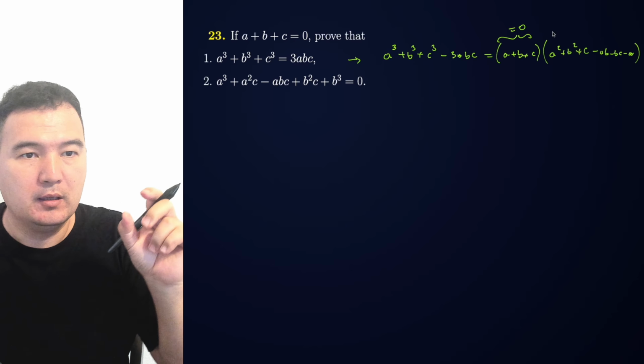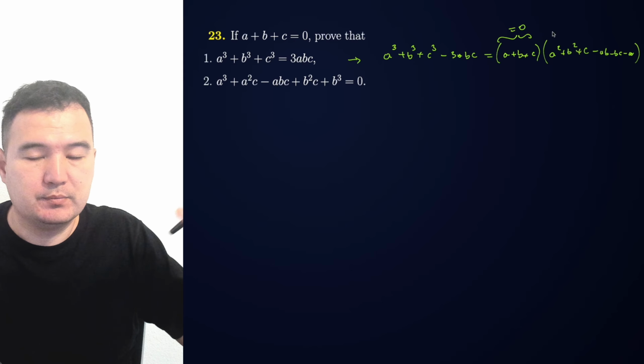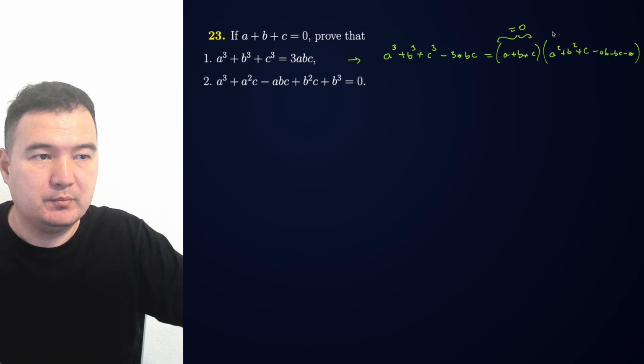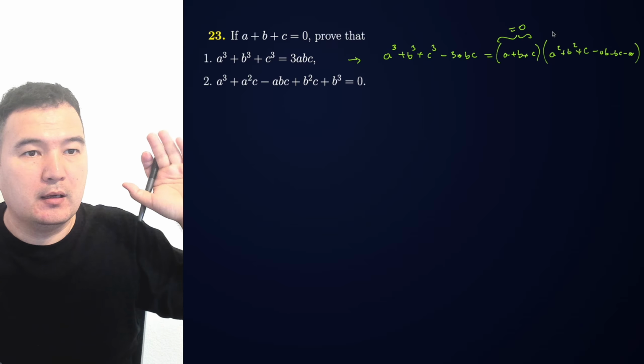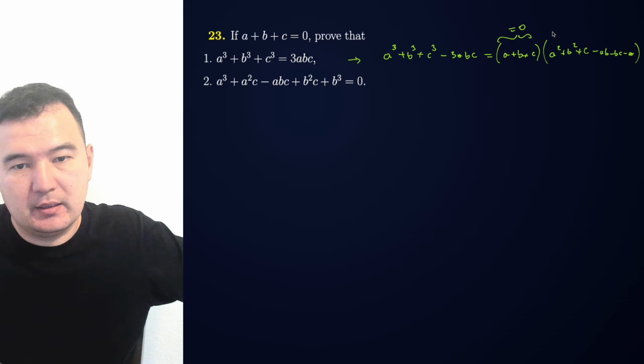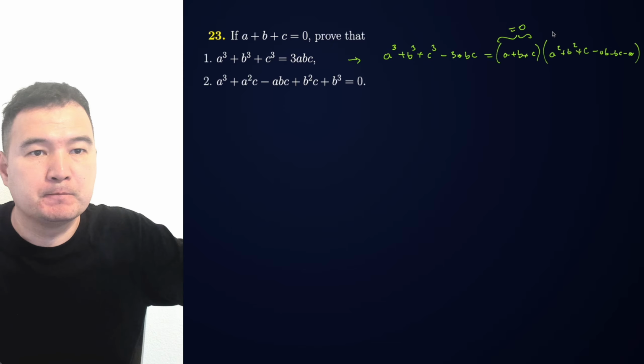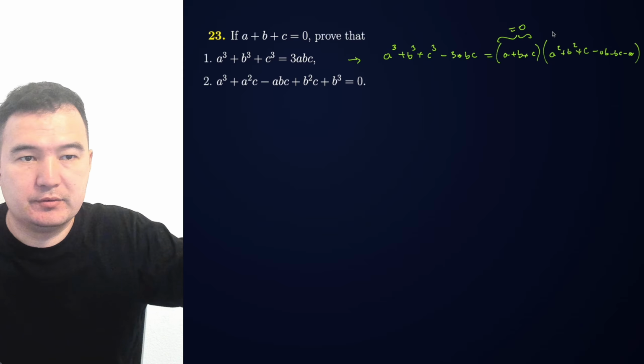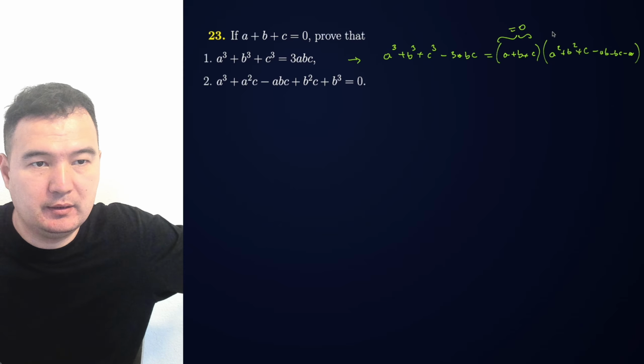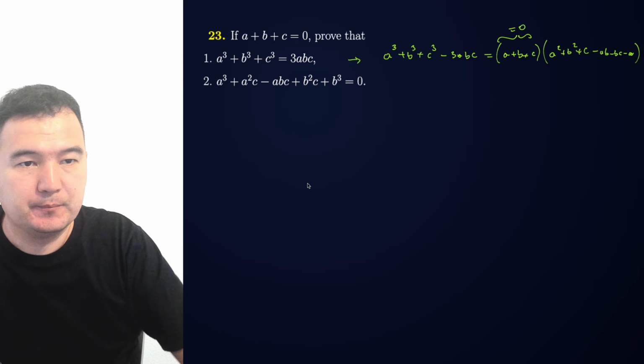So just like taking cubes is basically equal to multiplying those three numbers, right? That's a very important identity that you should memorize, and whenever you need, you can use that. But in this video, let's try to avoid this identity and try to prove it.